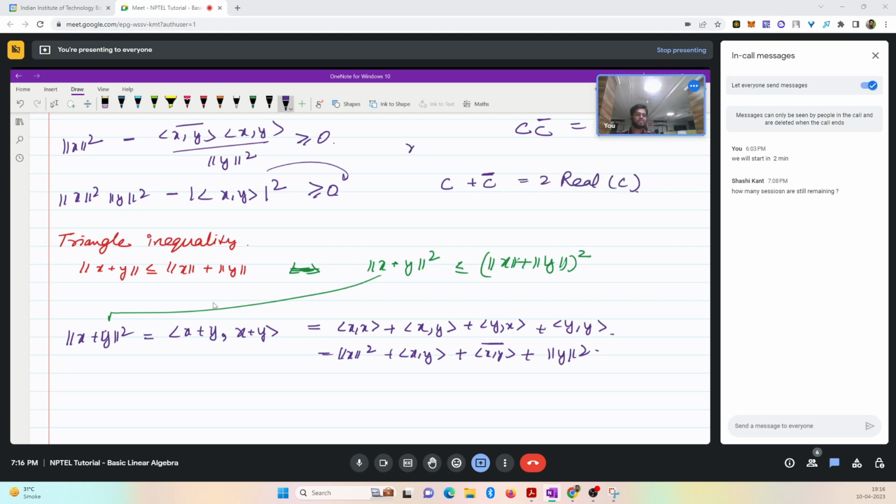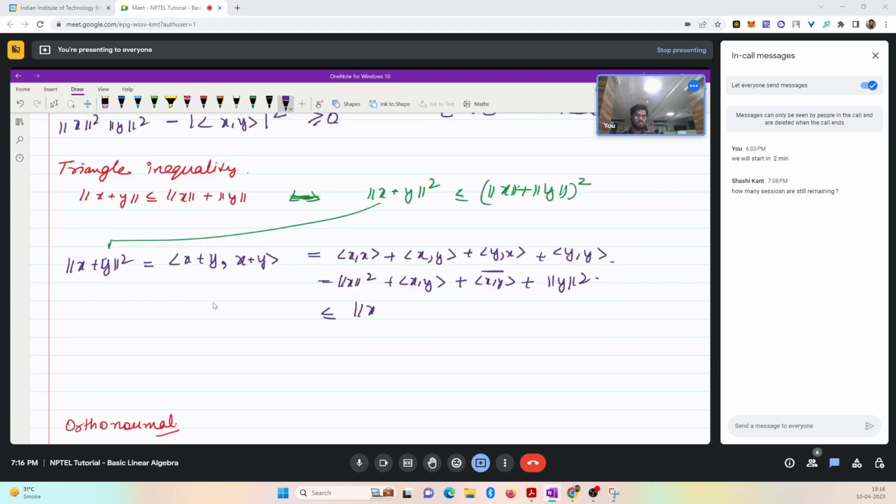So if you have x plus iota y, and you add its conjugate, x minus iota y, this would be 2 times its real part. So this can be written as 2 times the real part of (x, y), plus norm of y.